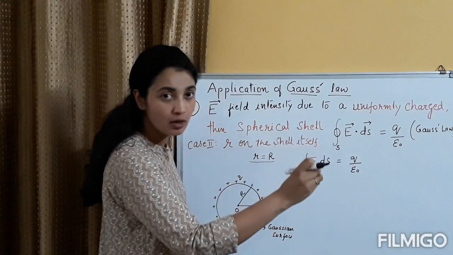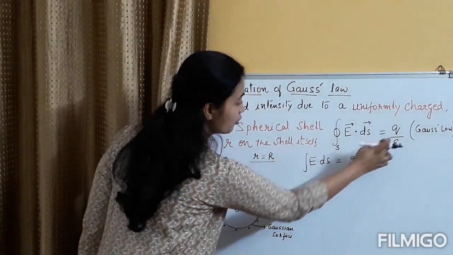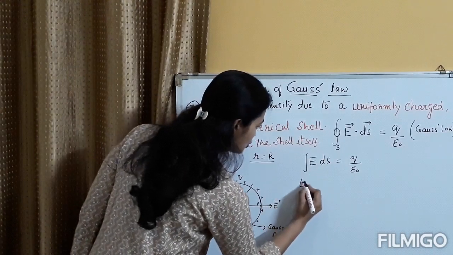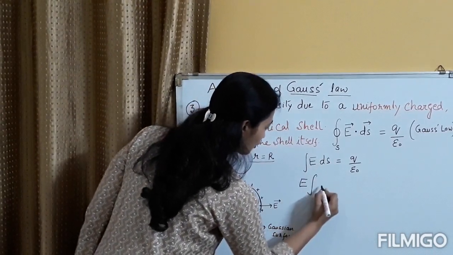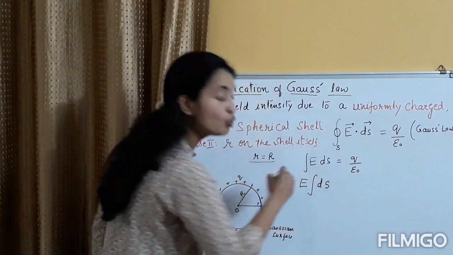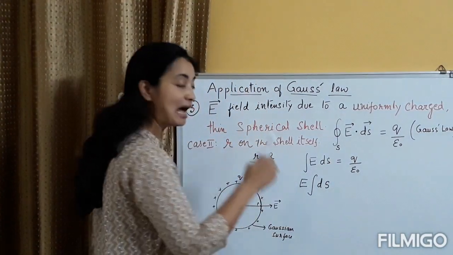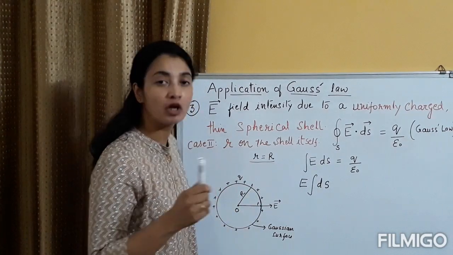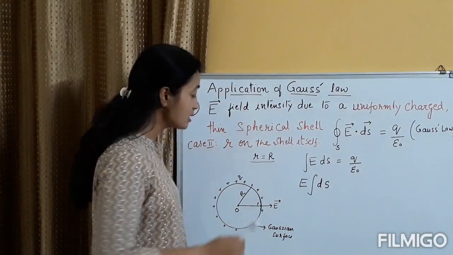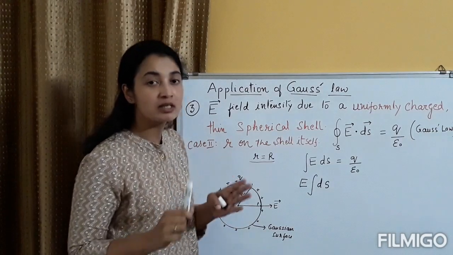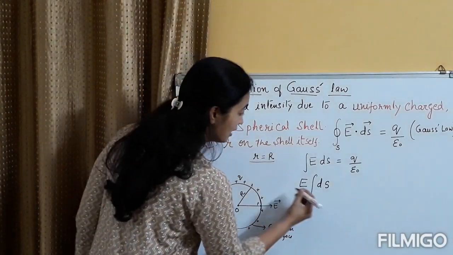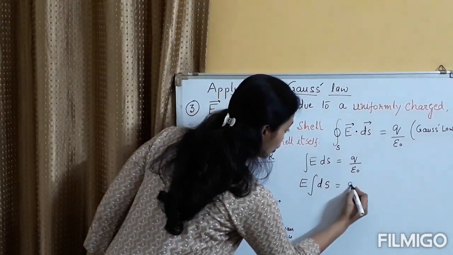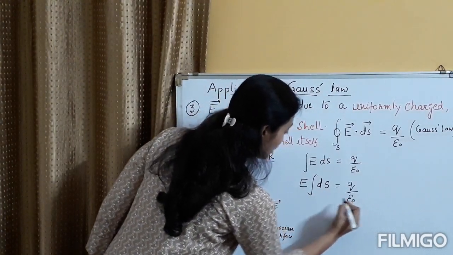E ds cos 0 becomes E ds, which is equal to q by epsilon naught according to Gauss law. Again, taking E out of the integral, because E, as I told you already, will be constant at all points of the Gaussian surface, being at equidistant points, E comes out of the integral. This is the integral of ds equal to q upon epsilon naught.